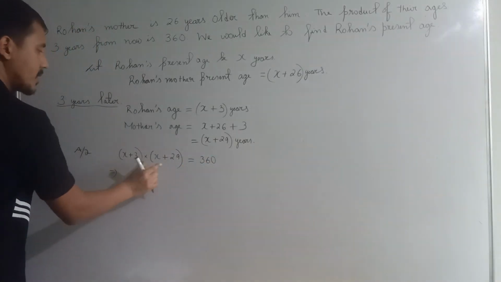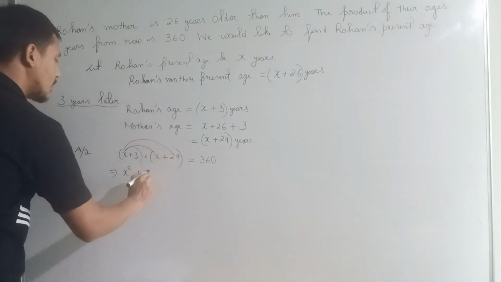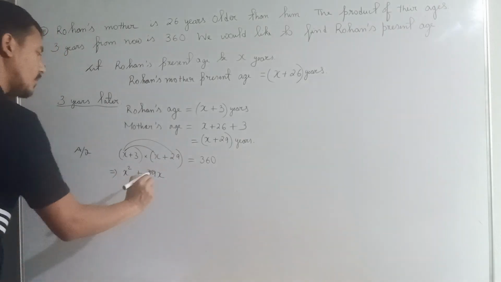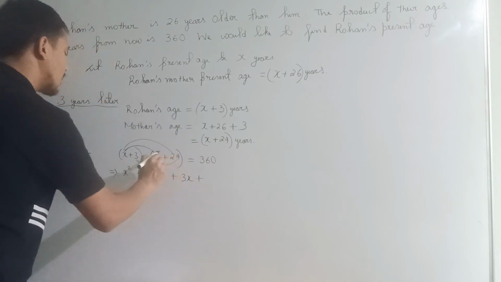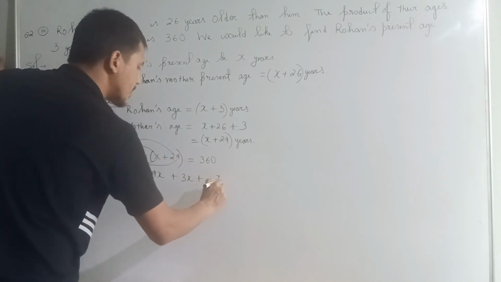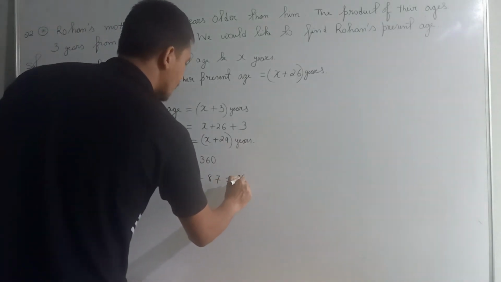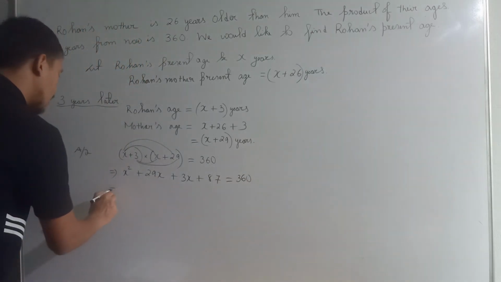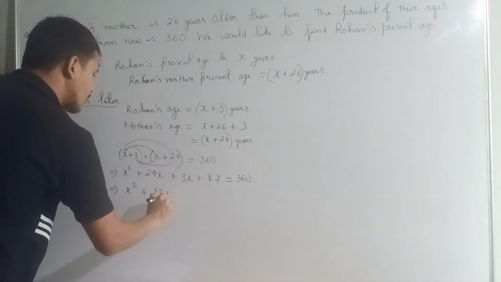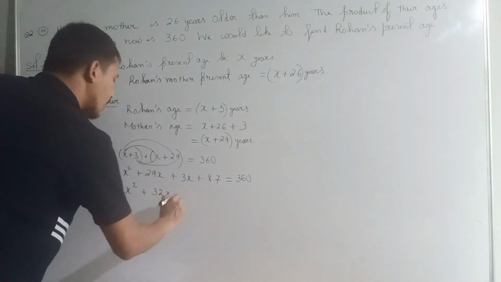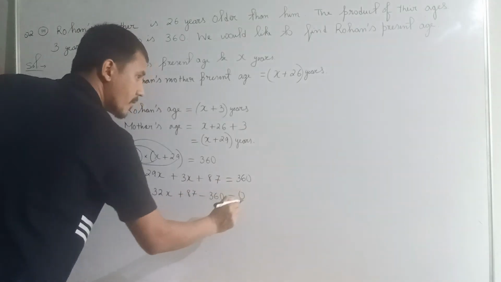Now we have to multiply these two quantities: x into x, x square, x into 29, 29x, plus 3 into x, 3x, plus 3 times 29. 3 nines are 27, carry 2, 3 twos are 6, 8, that is 87. So x square plus 29x plus 3x, 32x, plus 87 minus 360 is equal to 0.